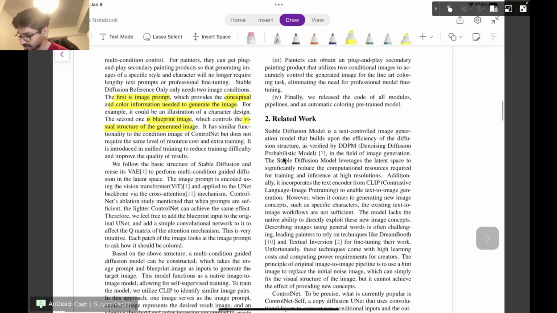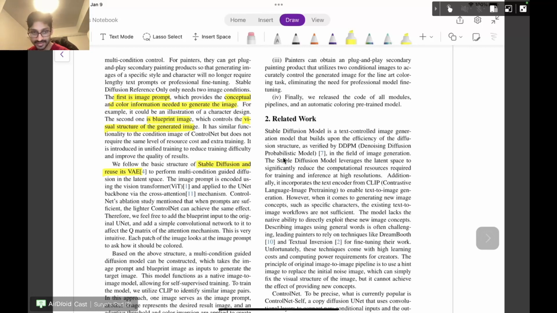And with the basic structure of the network, they still use Stable Diffusion and the VAE that is in Stable Diffusion. So if you remember, the VAE, where it comes from is that in Stable Diffusion, all the denoising that happens in the UNet does not happen at full resolution. If your generation is 512 by 512, all of this processing happens at 64 by 64, and the VAE encoder is used to go down to 64 by 64, and the VAE decoder is what is used to go back up.